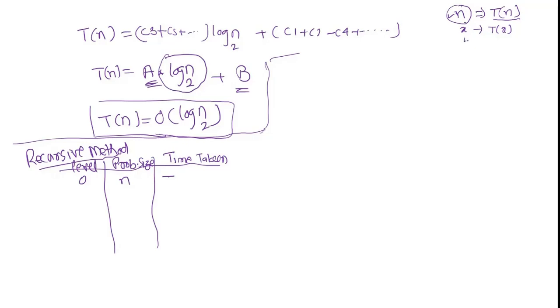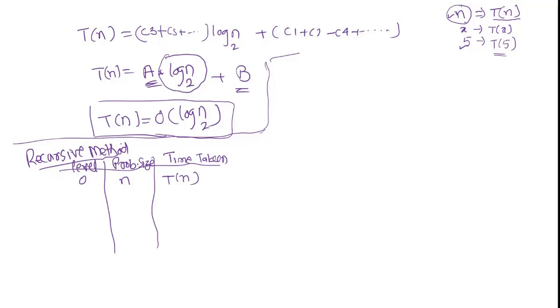If there are 5 numbers, we want to sort these numbers, how much time will it take? T(5). If we want to search a number, then with any algorithm, the time will be T(5). Why am I writing this? Because if problem size is n, then time taken will be T(n).